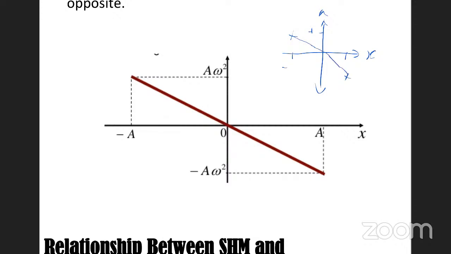Capital A is amplitude. Remember, acceleration is equal to minus omega squared x naught. But at the largest point here, the displacement is the amplitude A. So that's why it's not x, it's A.